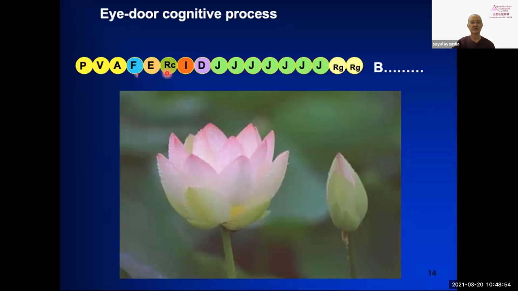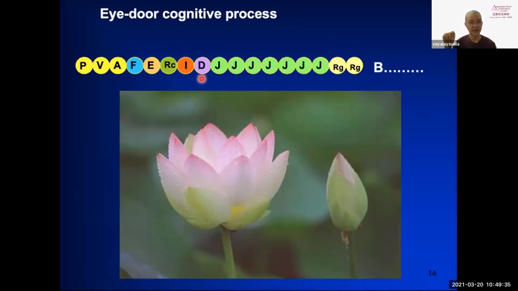then receiving consciousness receives the object, followed by investigating consciousness, which investigates the object. So receiving and investigating consciousness are resultant consciousness. Followed by determining consciousness, which determines the object. As I said, in the 89 types of consciousness, we cannot find a consciousness called determining consciousness, because determining consciousness is the same as mind door averting consciousness, which is functional consciousness.